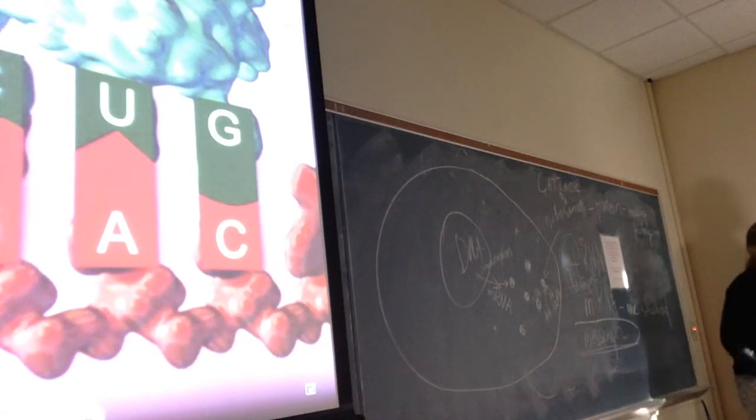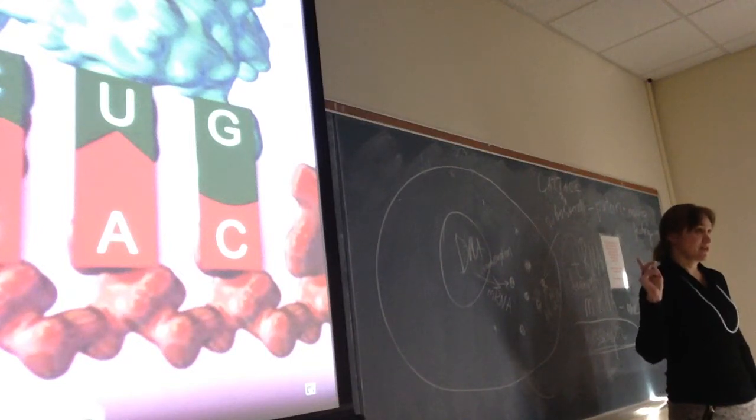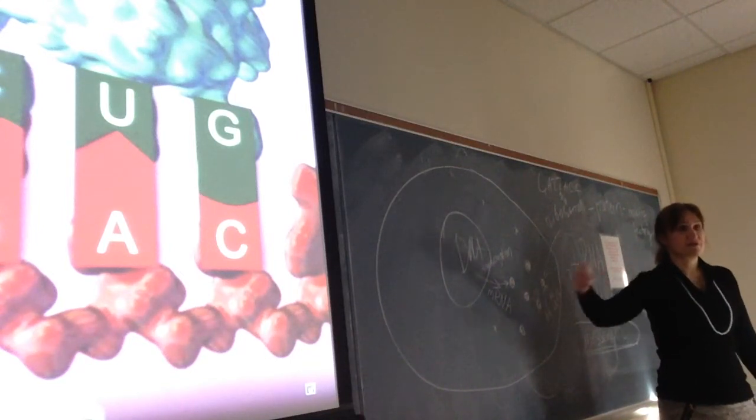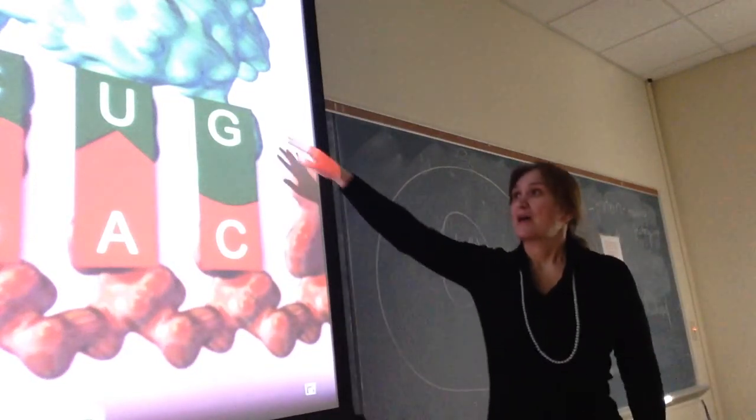Notice that one end of a tRNA molecule has a set of 3 bases called an anticodon. Okay, this is important. This is how, once again, the precision of transferring instructions, DNA instructions, into protein works.